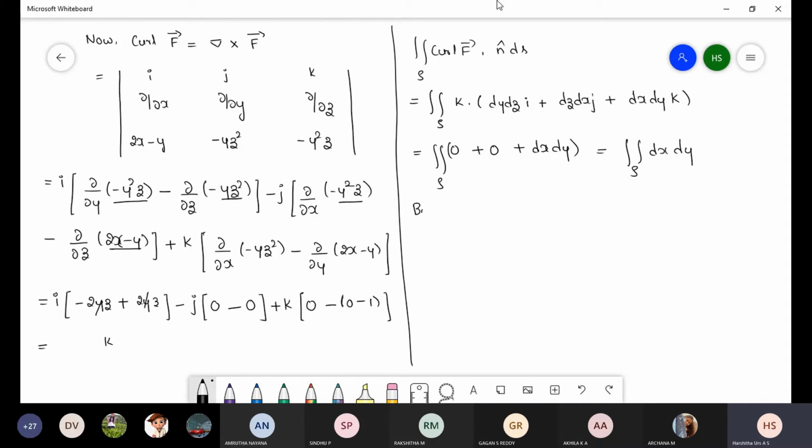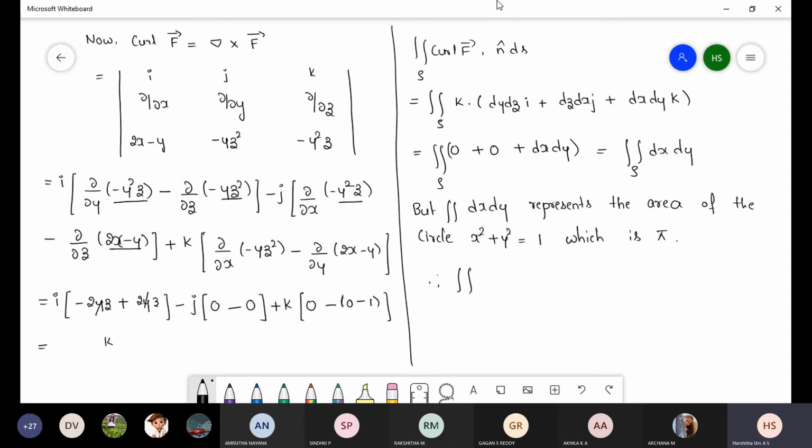But dx into dy represents the area of the circle x square plus y square is equal to 1, which is equal to pi.